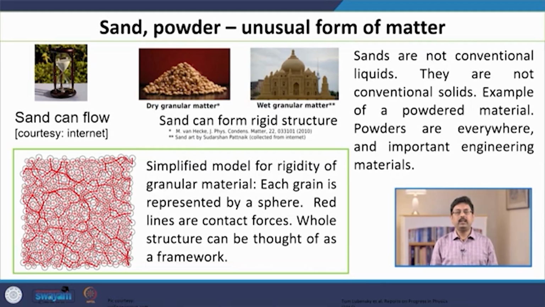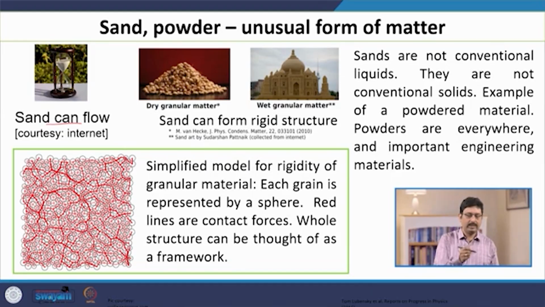So, if you want to study structures made of powders or grains like sands. Sands and powders are very common materials, they are everywhere around us, but they are a somewhat unusual form of matter. Why? Because as you know from experience, sand can flow.